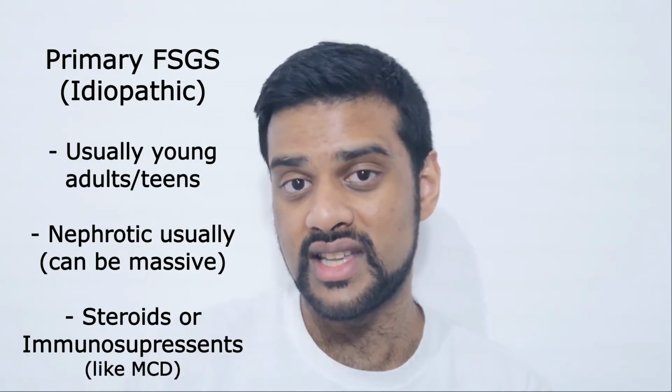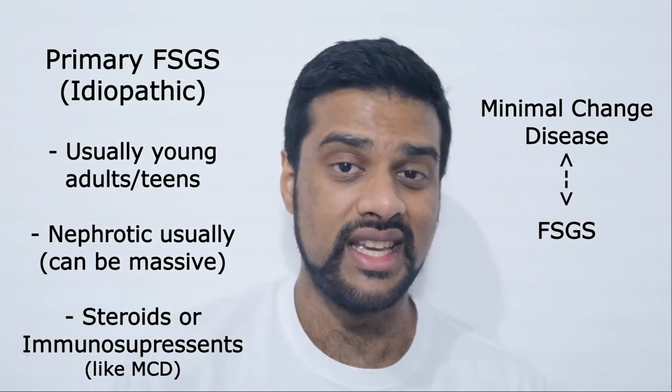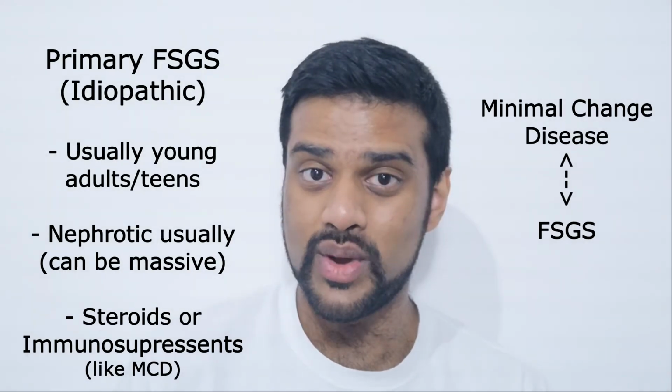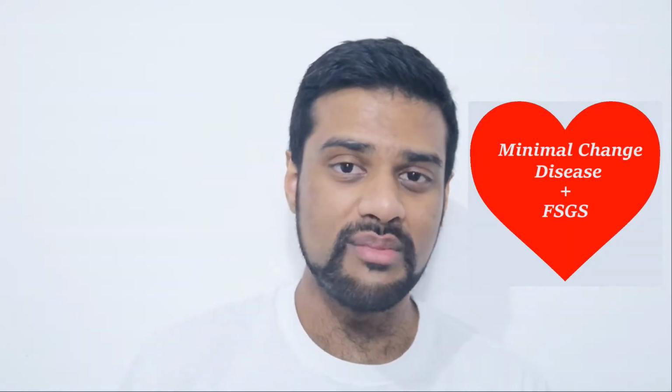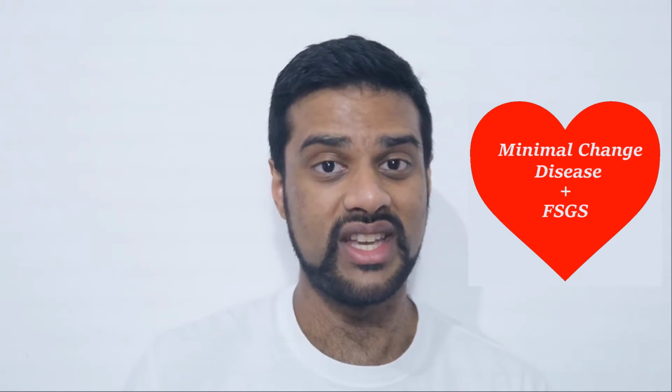So yes, like I said, there is some overlap between these two diseases, and interestingly, they can both be treated the same as well. Just remember that the foot process effacement, the histological finding is the same in FSGS, i.e.